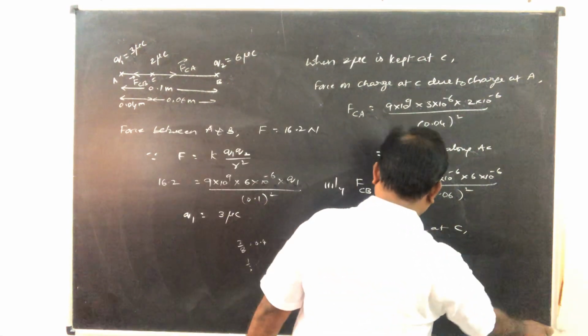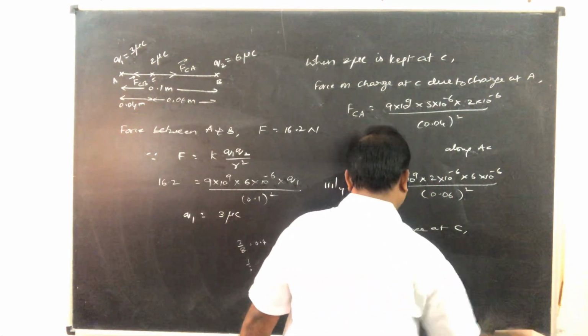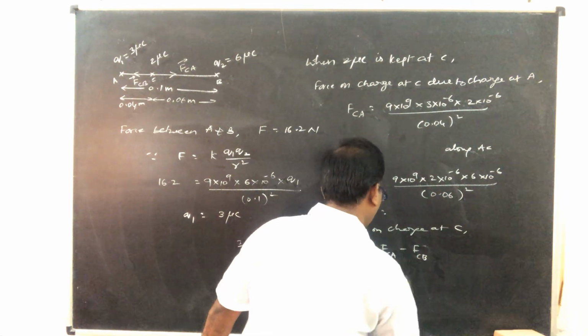This one is larger, FCA is larger. So it is FCA minus FCB.